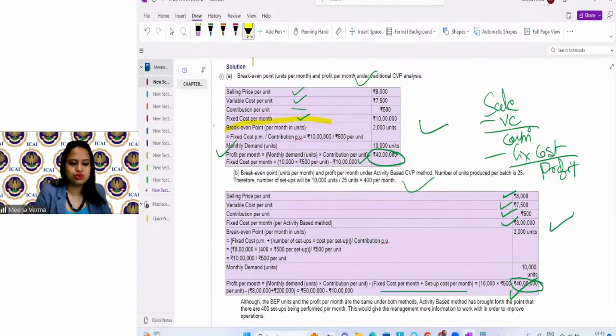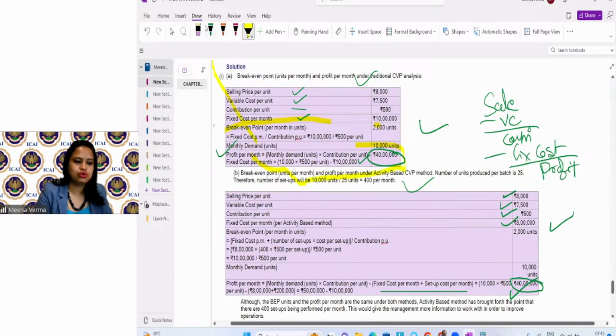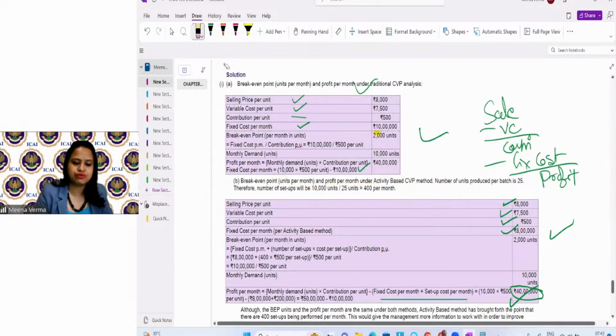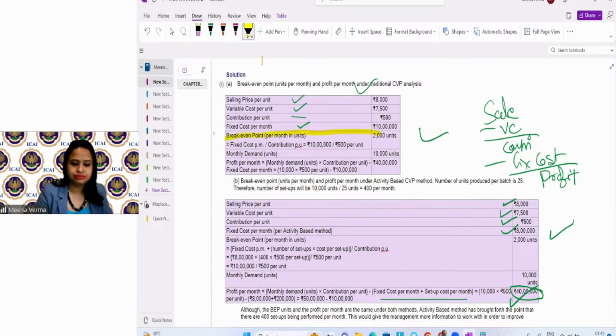So do it separately in the exam. If this question comes in the exam, don't do it the way they have done it here, because it is two separate parts of the question. Better do it separately, the way I have done. They have calculated the break-even point here in between the question. Fixed cost divided by the contribution per unit will give you the break-even point.